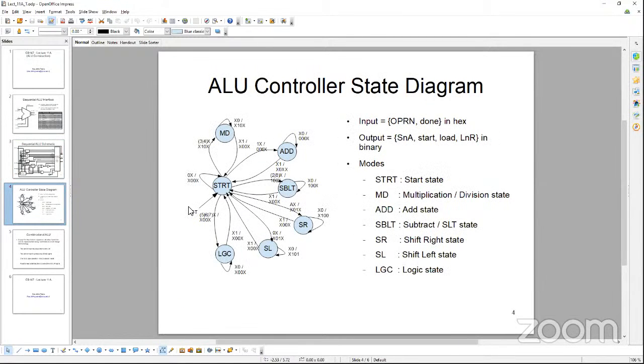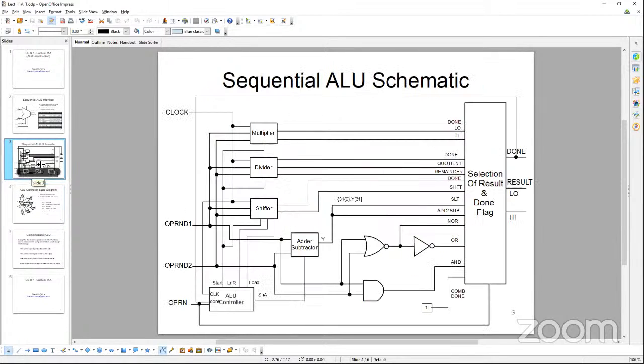So that's the purpose of this state diagram of the ALU, which practically depends on my inputs, the operation code and the done signal. Now, what does that mean? Done is going out, but why am I depending on the done?